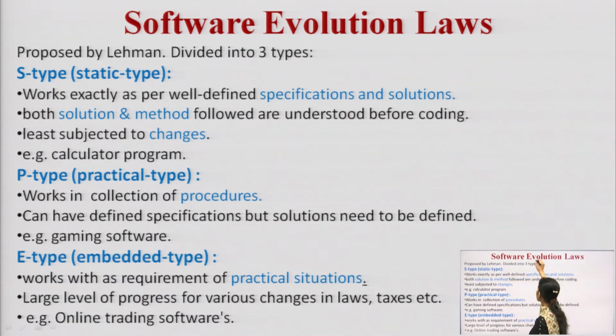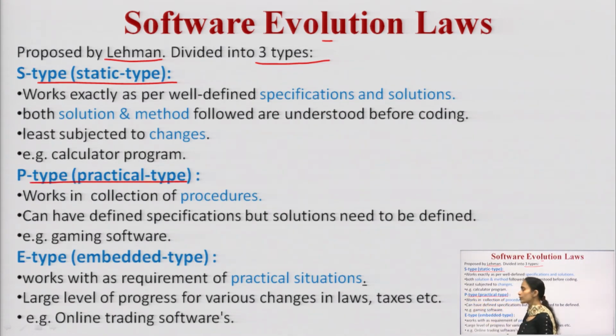There are some software evolution laws, proposed by Lehman, and he says the software evolution laws are divided into 3 types. First is the S type, which stands for static type. Second is the P type, which stands for practical type, and third is the E type, which stands for embedded type. Let us discuss one by one.